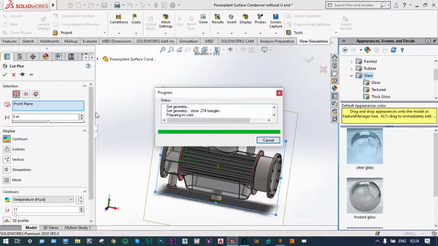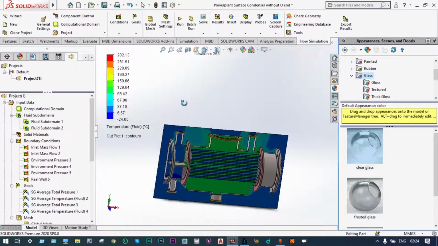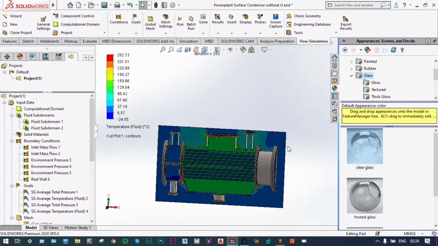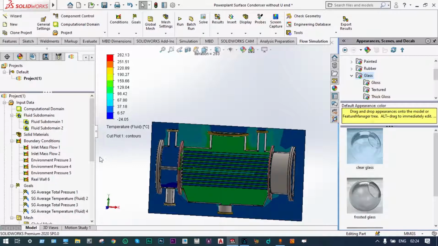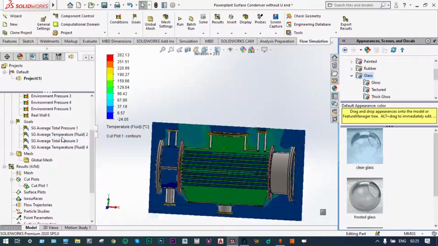Green check. So as we have considered this one as an external analysis, you can see the flow of air outside, at the same time flow of steam and cold water inside also, right? So better to see these things in the form of an animation. Cut plot 1. Let us play.